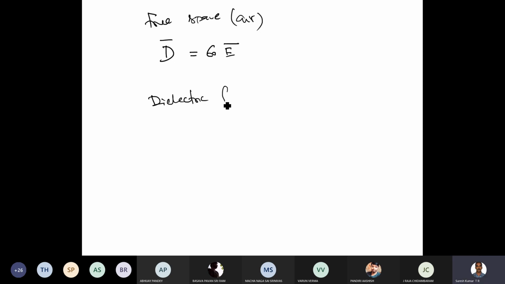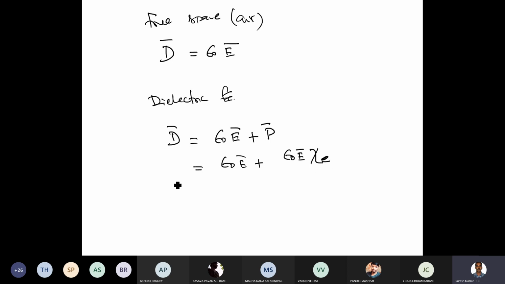In the dielectric medium case, the electric flux density will be increased by the amount of the polarization. Electric flux density will be increased, and that's represented by epsilon naught E vector multiplied with chi E.